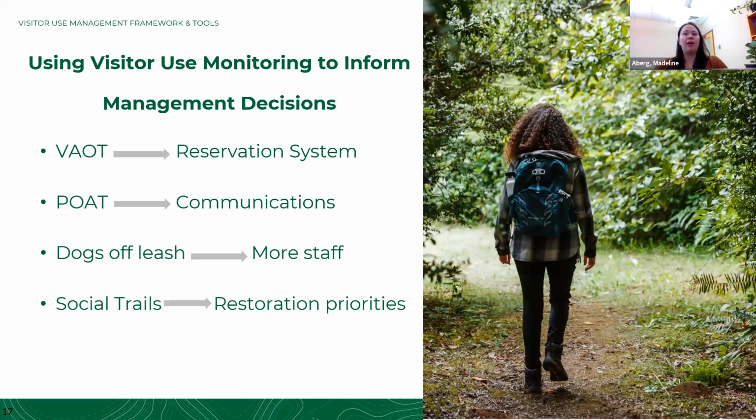If we're thinking about a non-compliant behavior, for example, having dogs off leash in an area that requires dogs to be on leash, those findings might help you to think about where you're going to focus staff presence in order to combat areas that have a lot of non-compliance. And then if we think about monitoring for social trails, if we identify areas that have social trails, we can prioritize those areas for restoration projects.